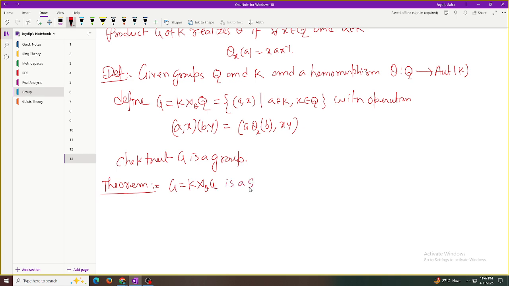G is a semi-direct product of K by Q that realizes theta.